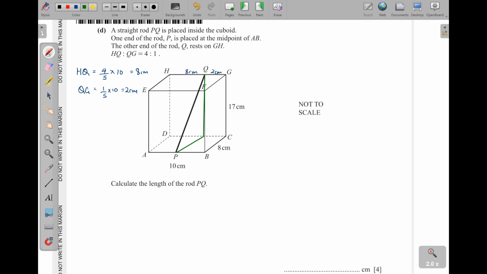But then, of course, this length here is 17 centimeters, which is vertical. And then we need this length here, PF. When you look at this one here, remember this is 8. So if I can take this one directly just like that, this one from here up to here is also 8 centimeters.